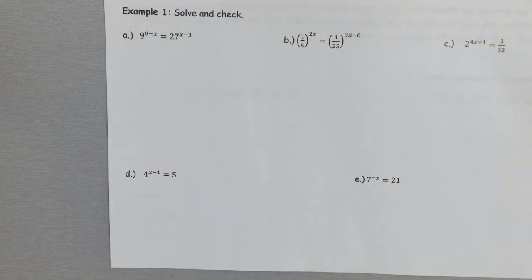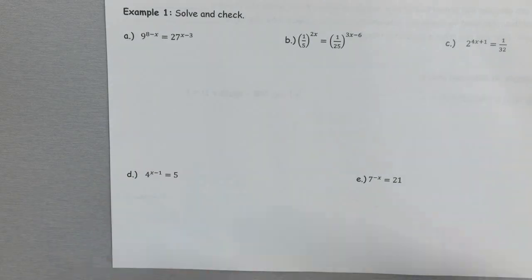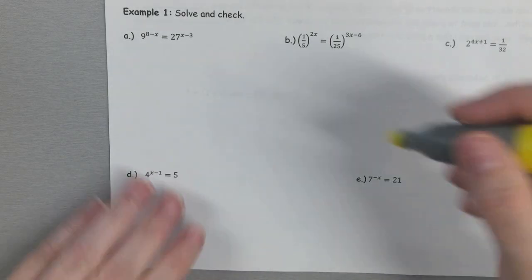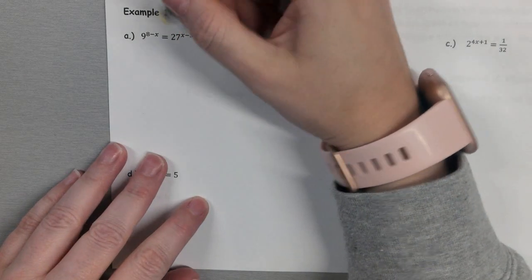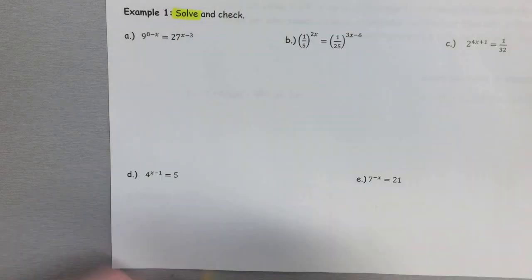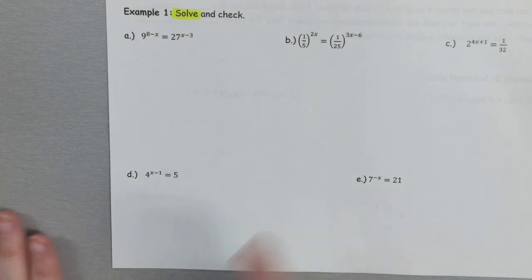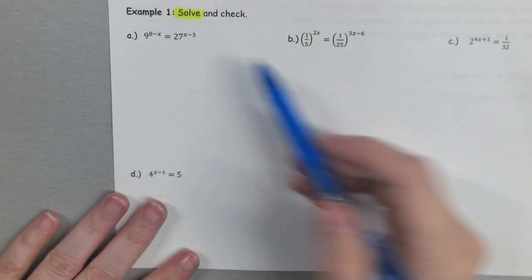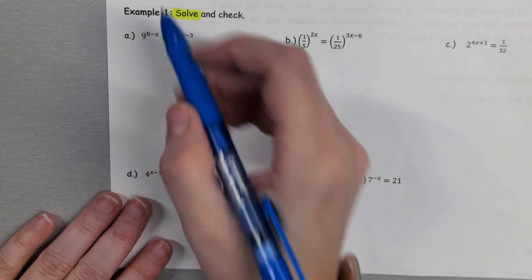Okay, so let's rewrite that. So you are going to solve and check. There is going to become a time when the checking is mandatory. Now is not that time. But I am going to show you how to do some checking to make sure. But some of these, I would have you check it with a calculator. And I'll tell you when you have to watch out.